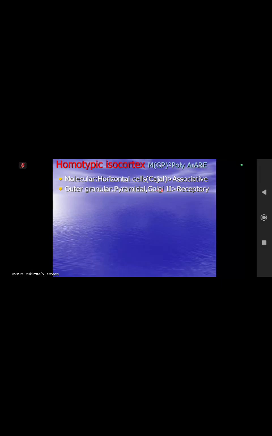This is a receptor area. Some of the fibers coming from various parts of the body will synapse in this area. This is where we have the reception. That's why we call it a receptor area, small r. I'll explain why that is so.